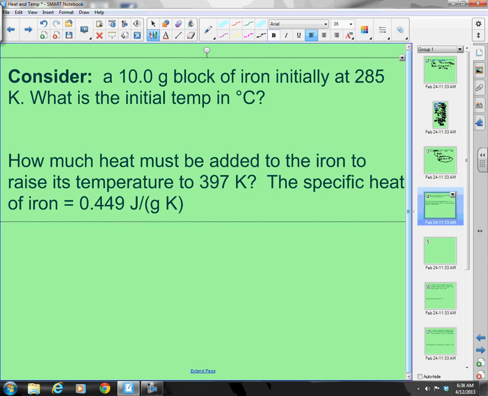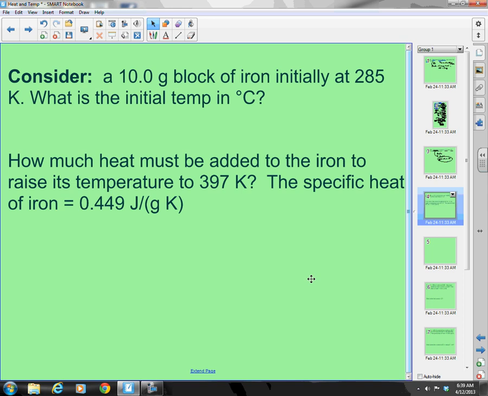I have a 10-gram block of iron initially at 285 Kelvin. What is the initial temp in Celsius? Okay, we can handle that. Kelvin is equal to degrees Celsius plus 273.15.